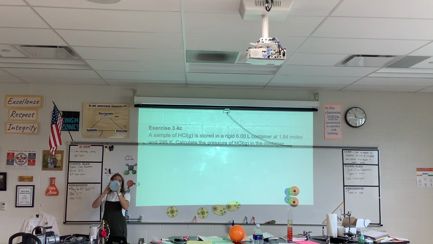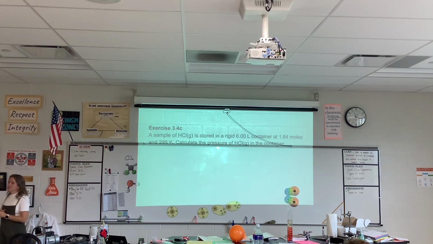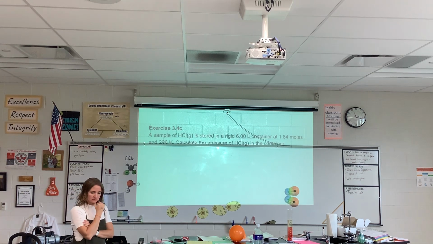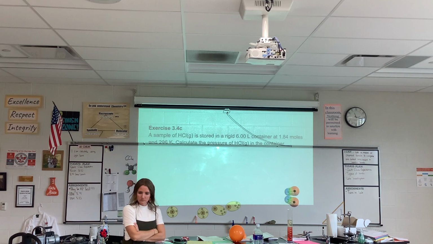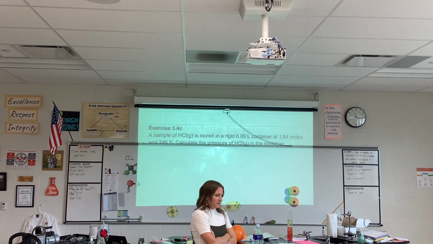Okay, so let's slow down. We're looking for pressure. For R, we just chose the same one we did last time, but in L·atm. So you can choose which one. We did that because we kind of just choose whatever we want.